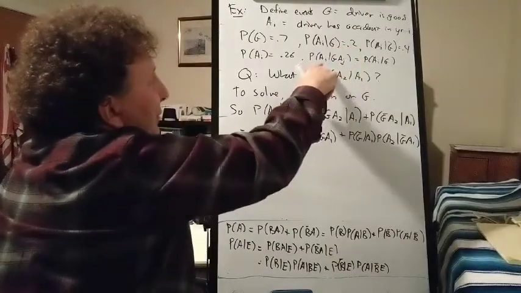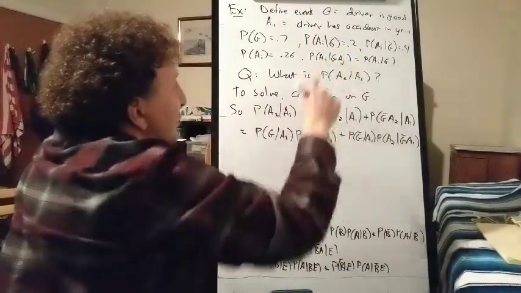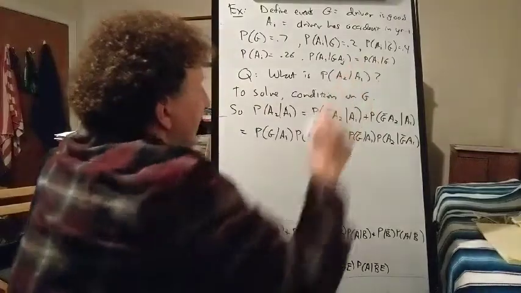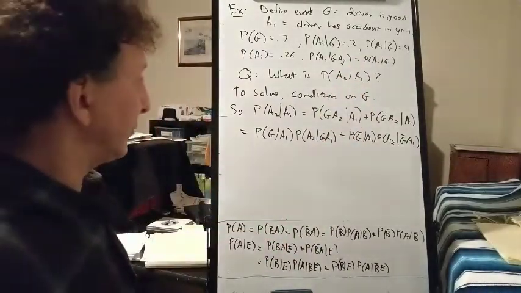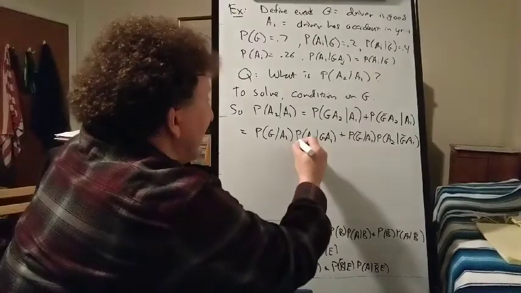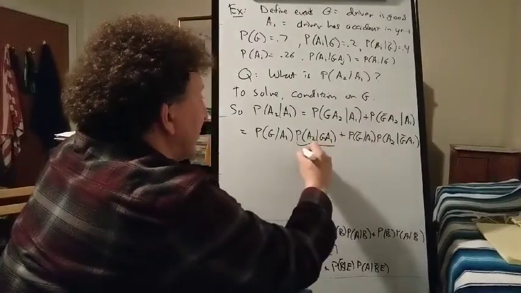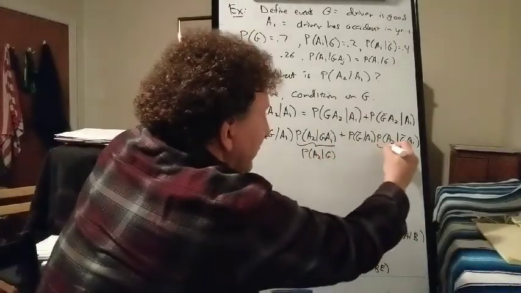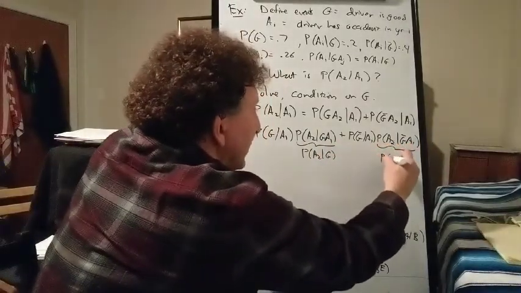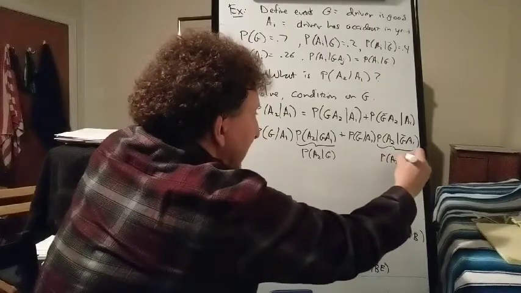Now we said that probability of AI given G and AJ is just probability of AI given G, which is maybe unrealistic, but that's what's given to us in the problem. So this is just probability of A2 given G, and this is just probability of A2 given not G.